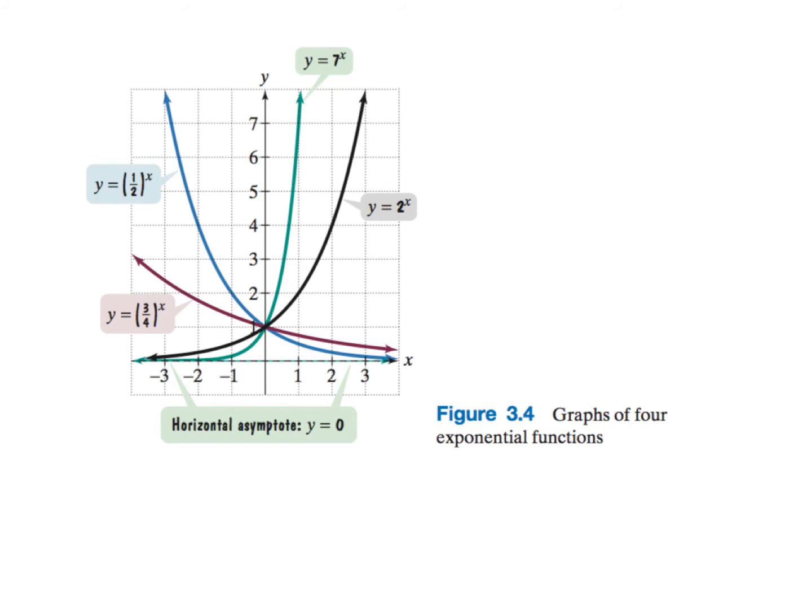When the base is between 0 and 1, if you look at this blue graph and this magenta graph, because the base is less than 1, we have exponential decreasing. So that's a nice way to keep those simple. When it's greater than 1, exponential increase. When it's less than 1 but greater than 0, exponential decreasing.